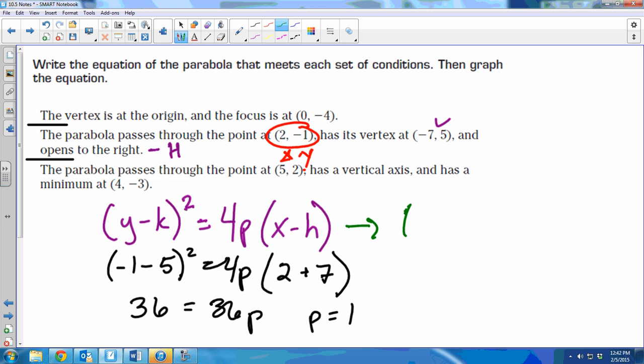So I'm going to have y minus 5 squared equals 4 times 1, which is 4, times x plus 7. That's your equation. That's all you've got to do. That's standard form of a parabola.